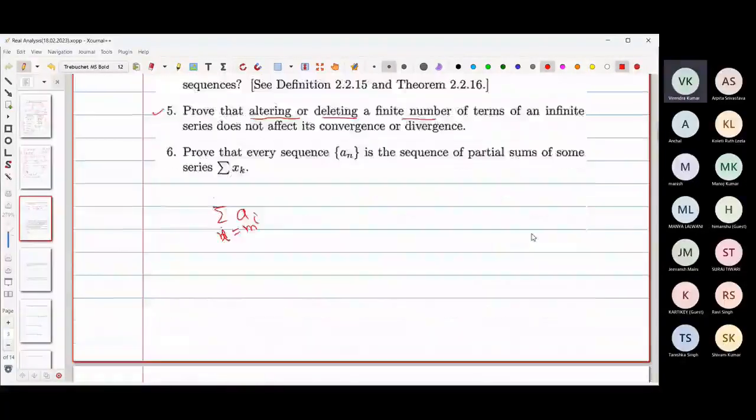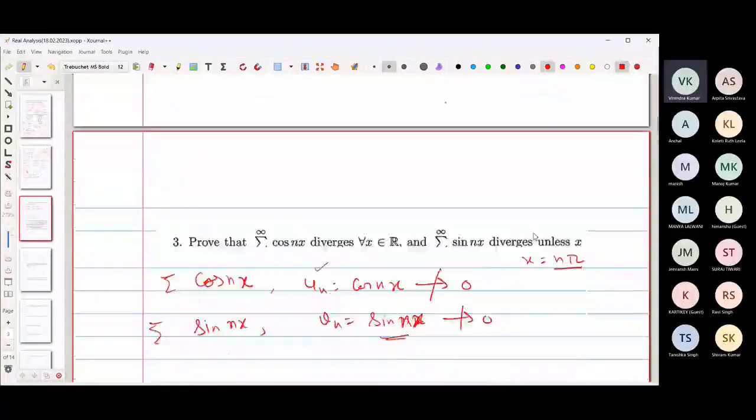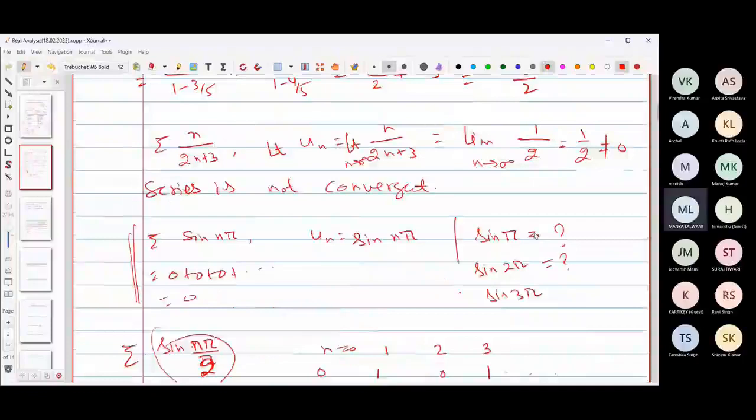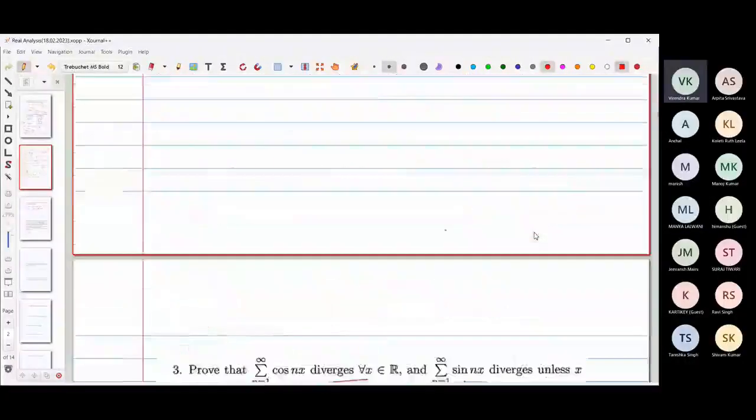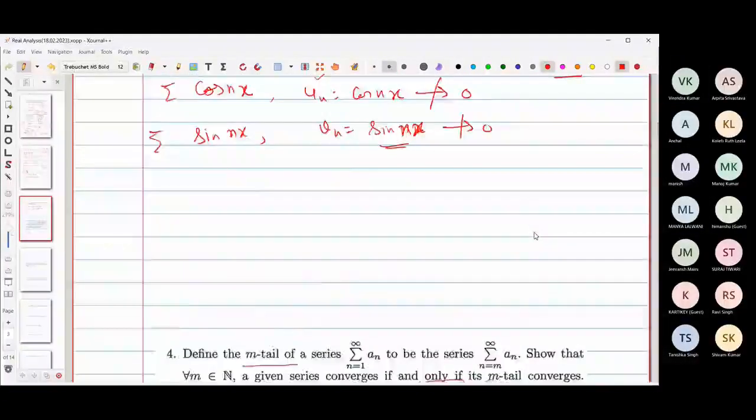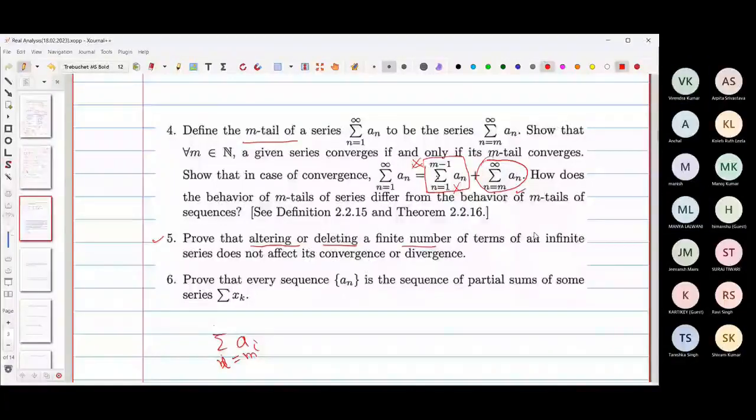Now, are you able to see? I'm scrolling up and down. Yes, sir, it is working now. Please let me know if there is any technical issue.